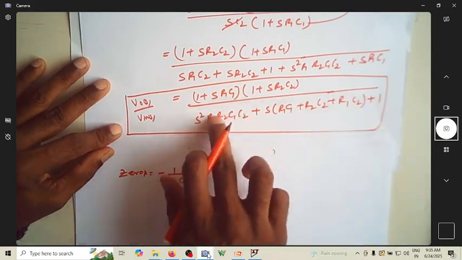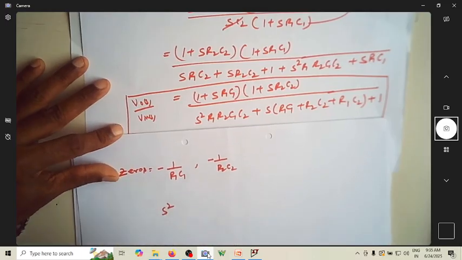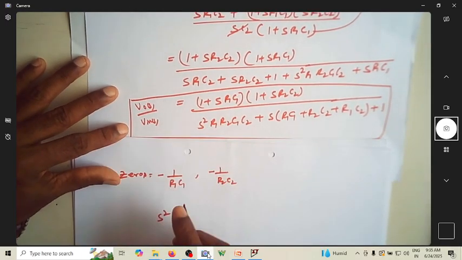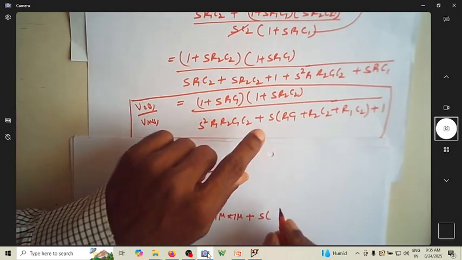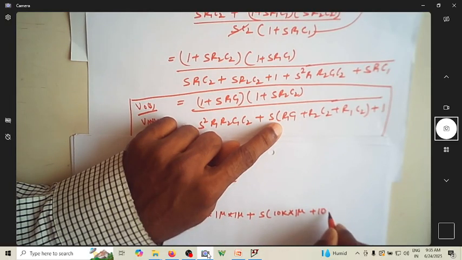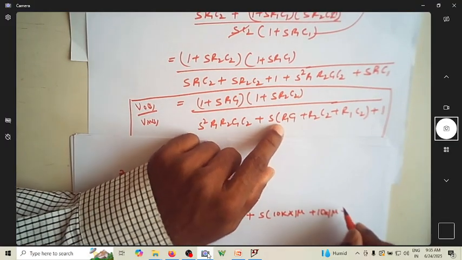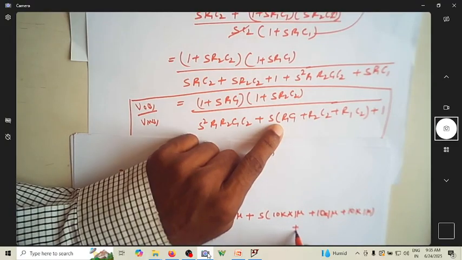The poles are, let me solve this equation. So it is S square into R1 R2, it is 10k into 10 into 1 micro into 1 micro, plus S into, what is R1? It is 10k into 1 micro plus 10 ohm into 1 micro plus R1 is 10k, 10k into 1 micro, plus 1.